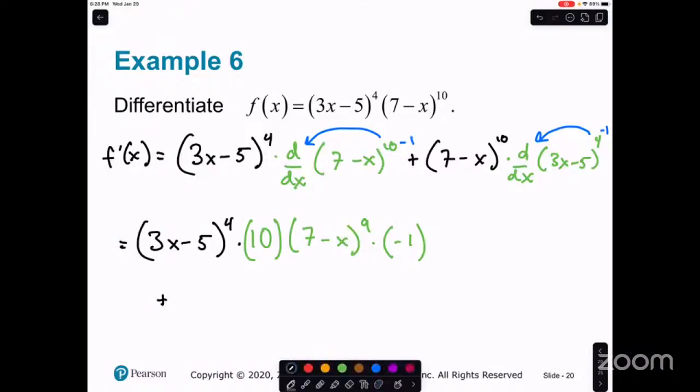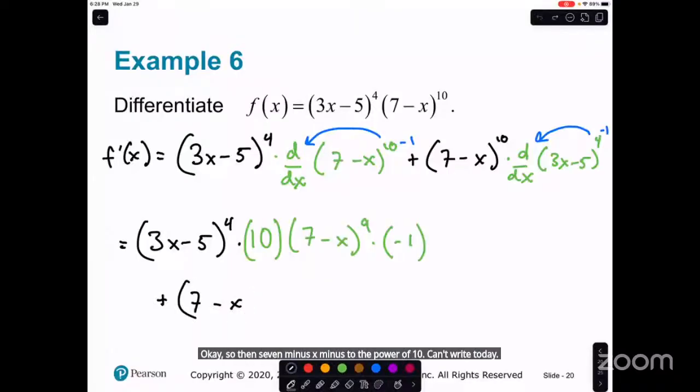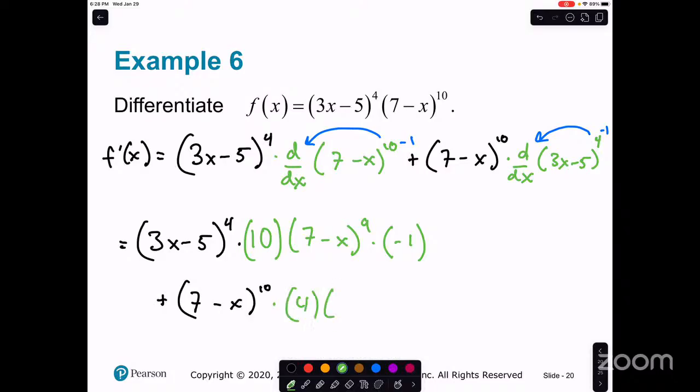Okay, so then 7 minus x to the power of 10. Now the derivative. So the 4 comes down. 3x minus 5 to the power of 3 times the derivative of the inside function, like it's just 3.